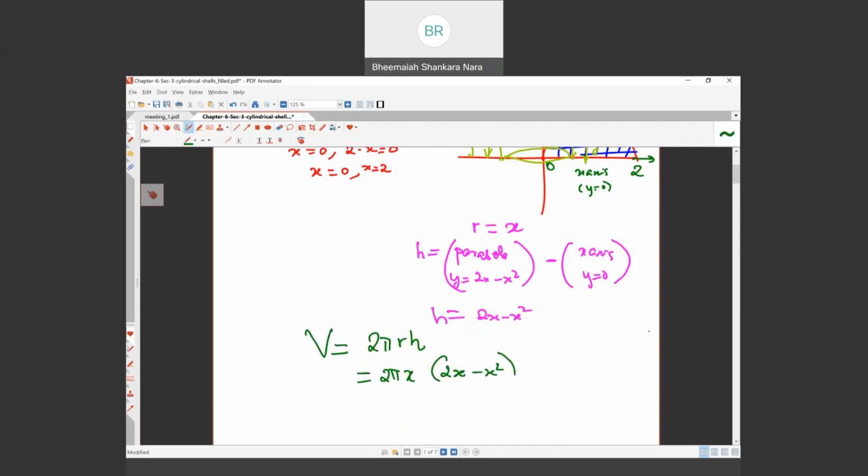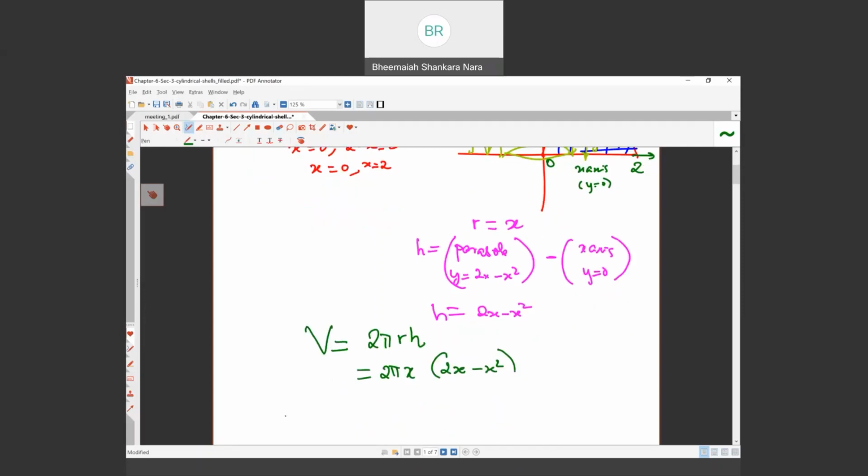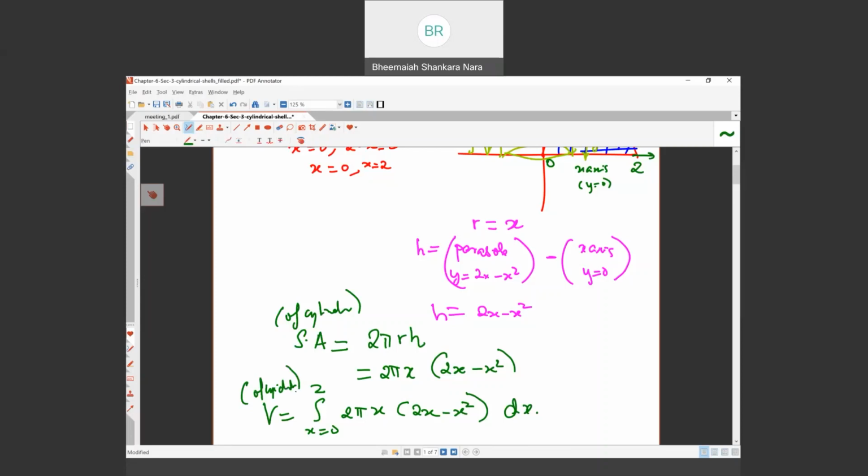So the integral from x equal to 0 to 2 of 2 pi x times 2x minus x square dx. Sorry, this is the surface area. Let me change it. 2 pi rh is the surface area of the cylinder, and this is the volume of the cylinder, where you integrate the surface area.